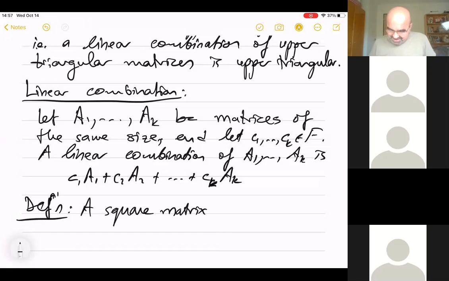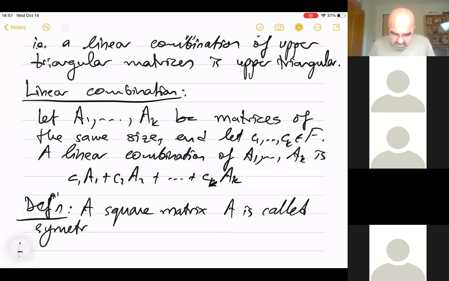A square matrix A is called symmetric, there should be two M's here, if its transpose is equal to itself.